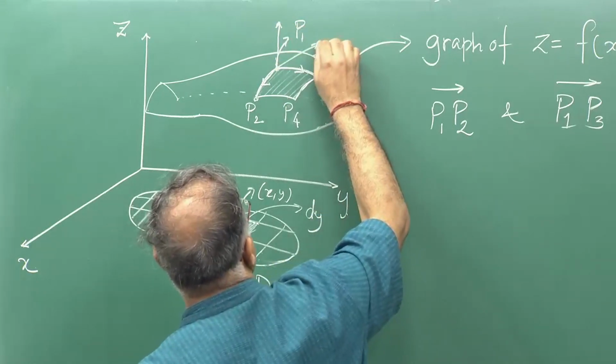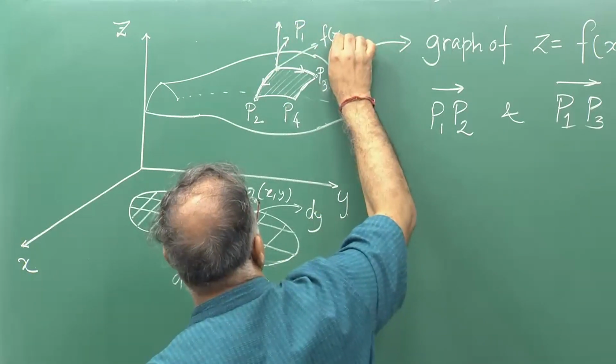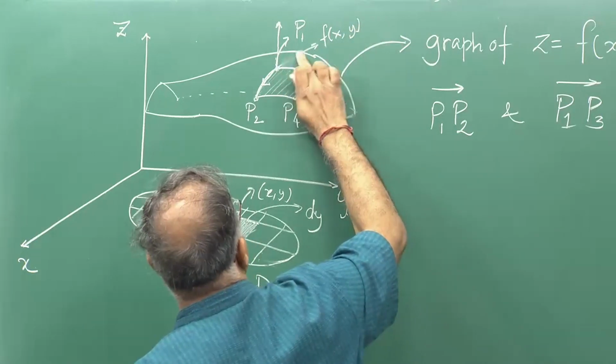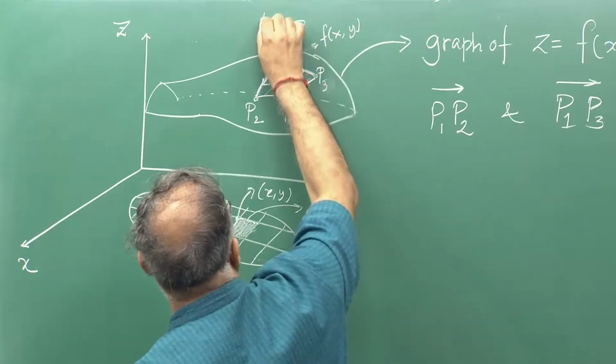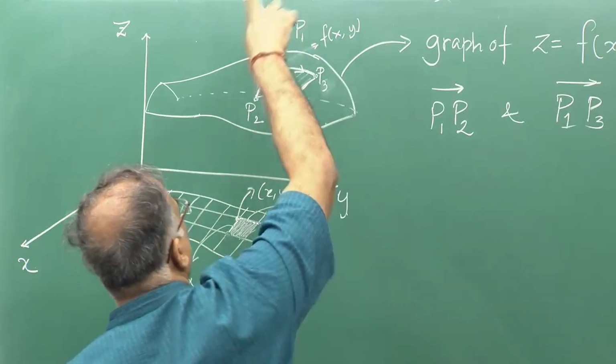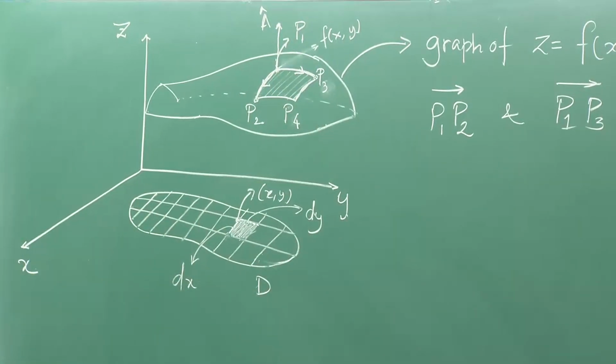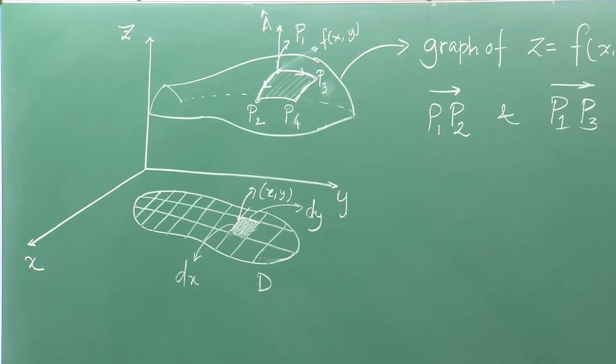This point is actually f of xy. So, this will become the area vector normal at that point.